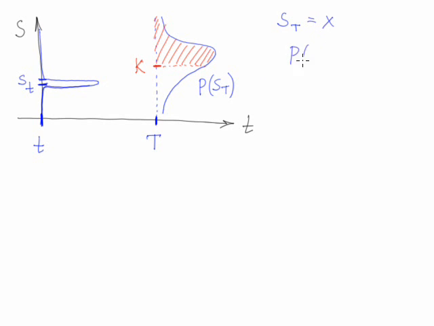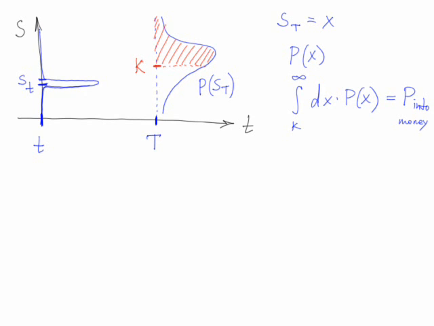So we have a distribution of x. Then we just need to integrate from K to infinity dx p of x, and then we will find the probability that the call option will expire in the money.